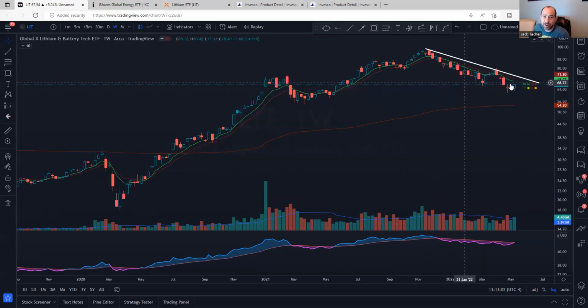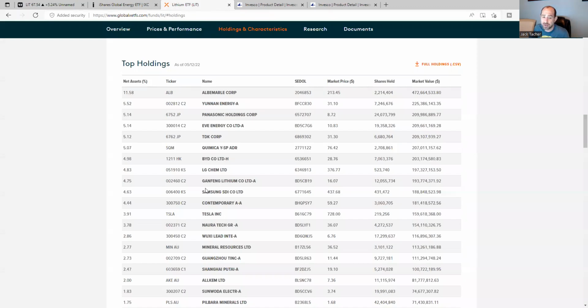So even LIT again, and here's what makes up the constituents of it. Albemarle, 12%, and you see a lot of Japanese stocks. I'm not sure what C2 is, to be honest with you.